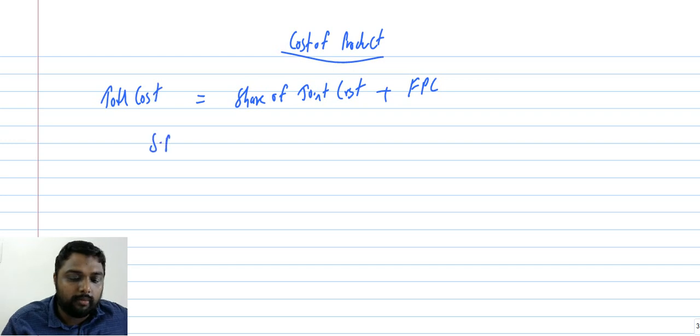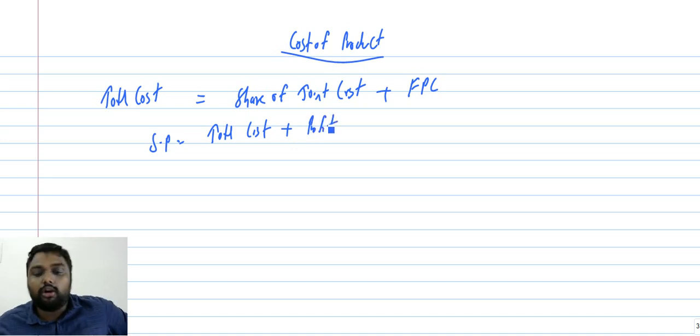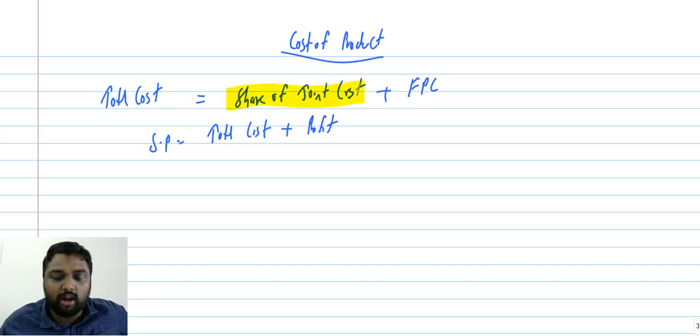So the cost of a product under joint cost is share of joint cost plus further process cost. Selling price can be total cost plus profit.